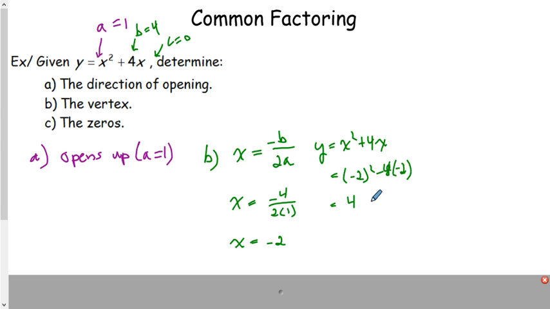Oh, no, sorry, that's plus 4. My mistake. I was thinking something was off there. So 4 times negative 2 is going to give us negative 8. So our answer is going to be negative 4. So what's our vertex? Well, our vertex is going to be at negative 2 for our x-coordinate, negative 4 for our y-coordinate.